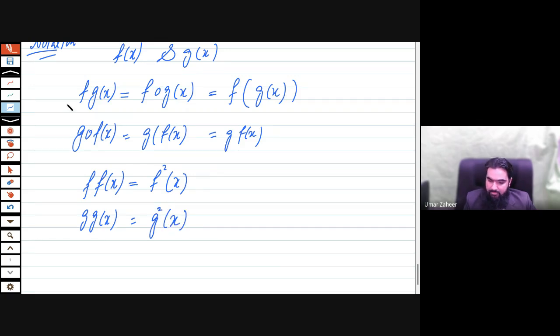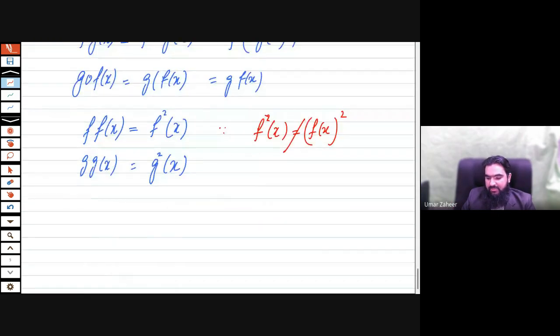But be careful, it does not mean that f square of x is equal to f of x whole square. It is a different thing. It is composition, not taking a square. So both are different.